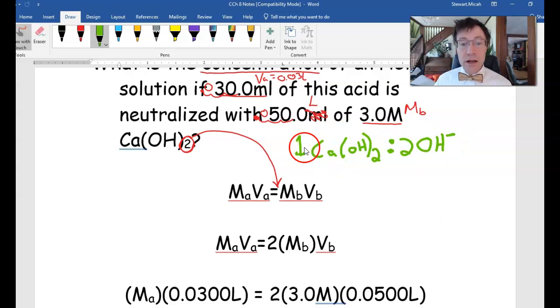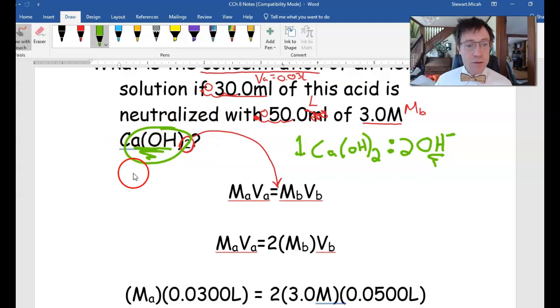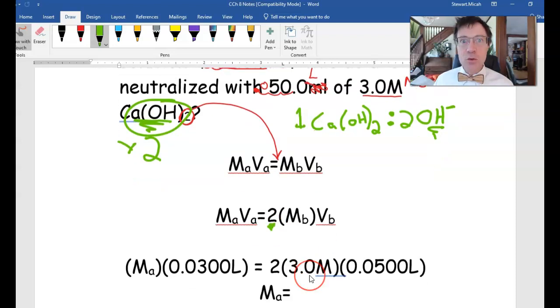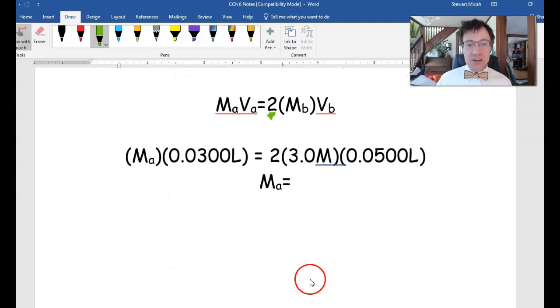So for every one of these, you get 2 hydroxides. Whatever the concentration is of this, you multiply it by 2 to get what the concentration actually is. So in the equation, you just take the subscript and put it in front of the concentration and do the math like any other day. You guys get what I'm saying?